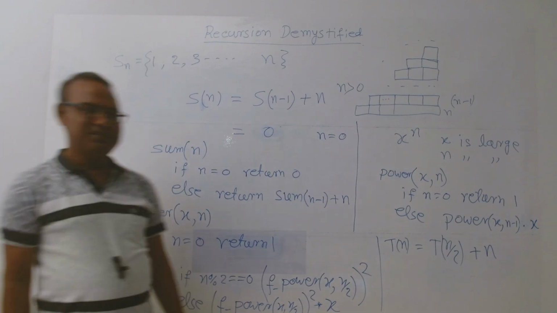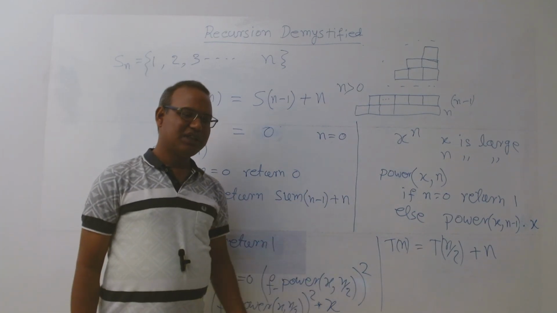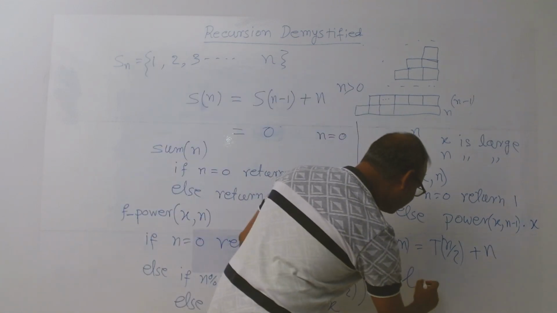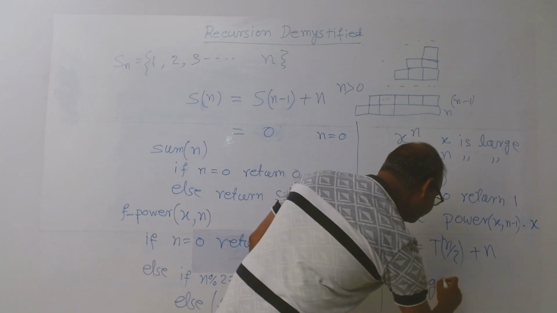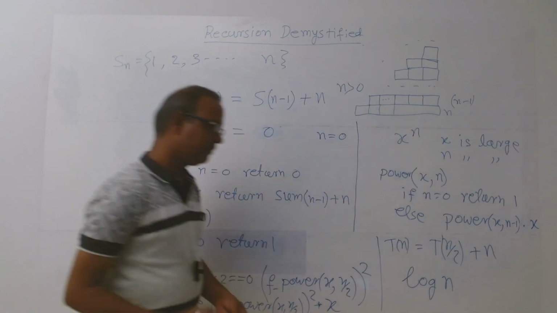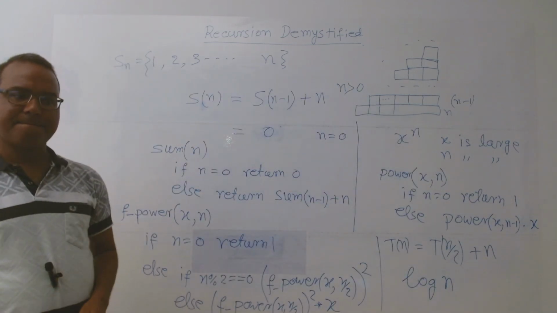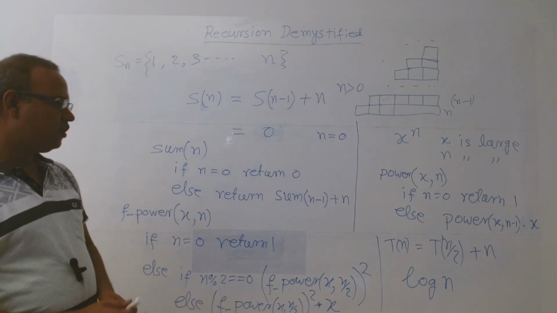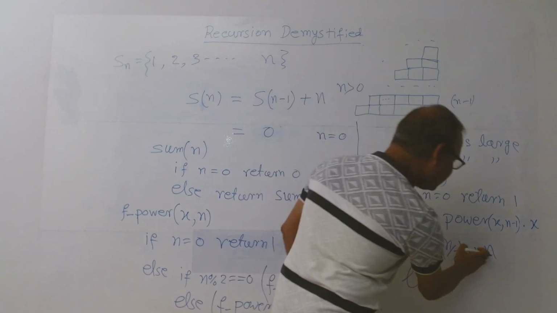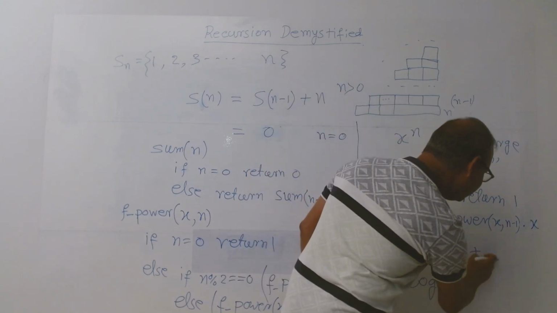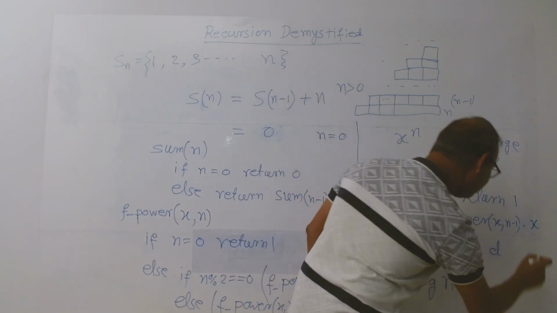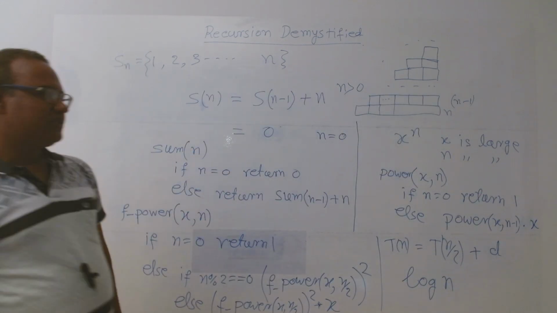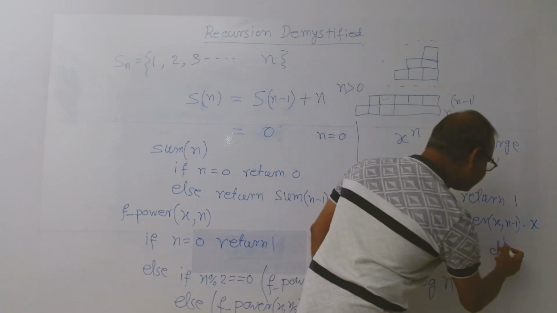You can solve it using divide and conquer, and you will actually get log n complexity. Log n into the multiplication cost, this is not n: if there are d digit numbers, then it will be d, and the multiplication cost is d to the power 1.6.